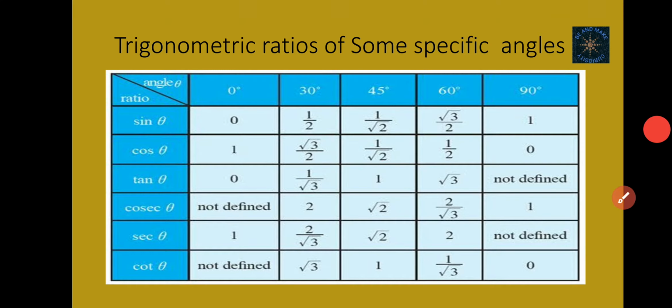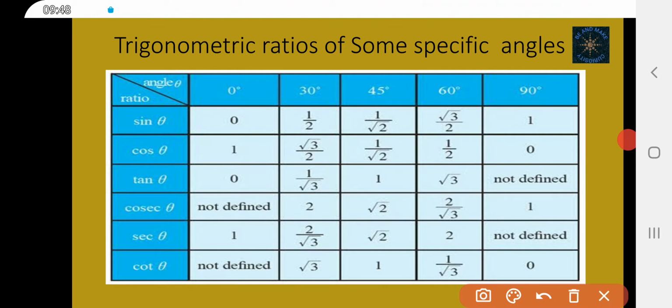Next, trigonometric ratios of some specific angles in a table. Here the theta values are 0 degree, 30 degree, 45 degree, 60 degree and 90 degree.